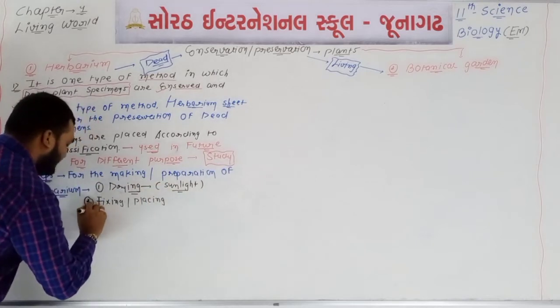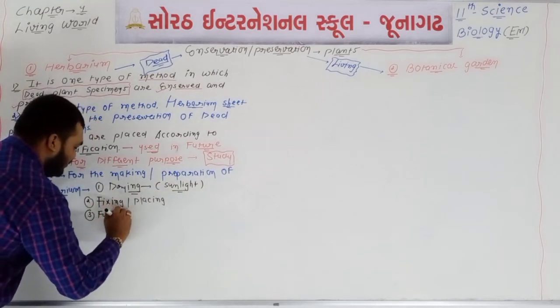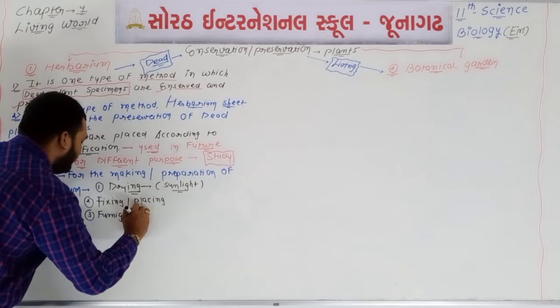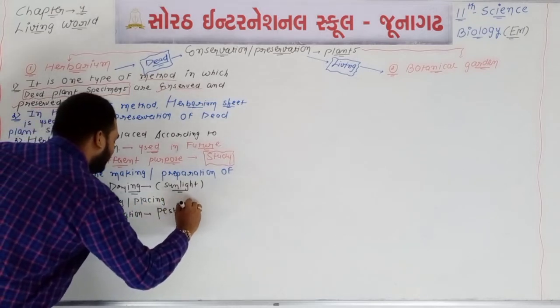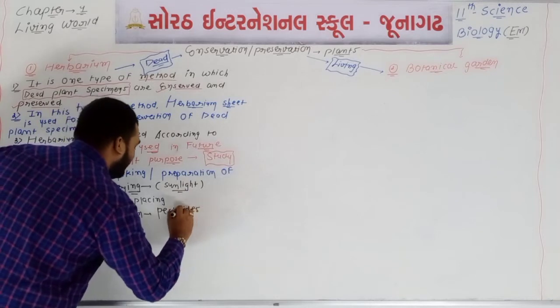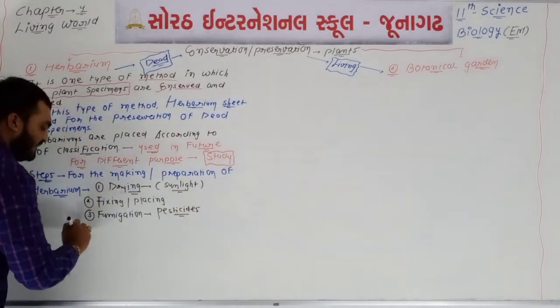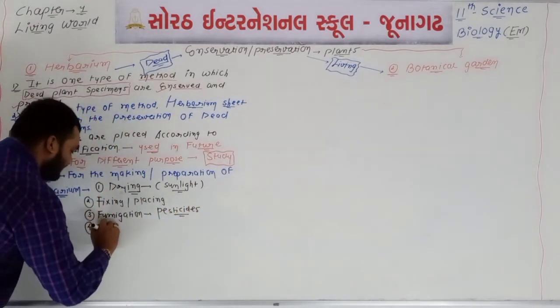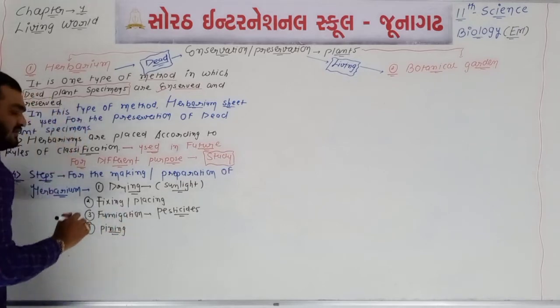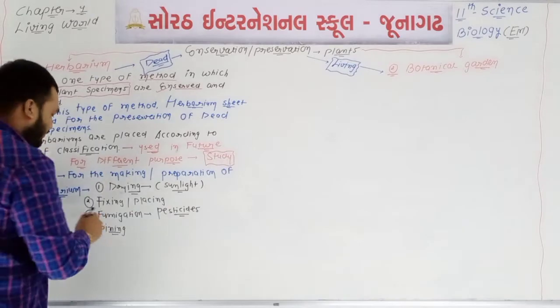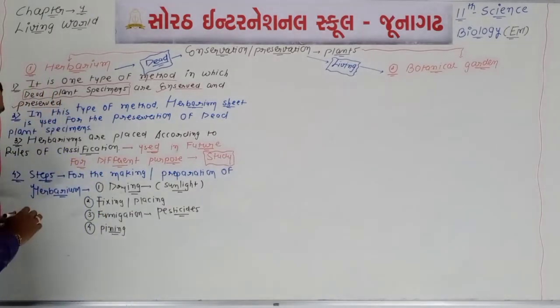Third one is fumigation of pesticides. See, these steps are not included in your textbook, but you will remember them for other purposes. Fumigation, and the last one is pinning, meaning some type of pin will be used. So these are the steps for the herbarium.